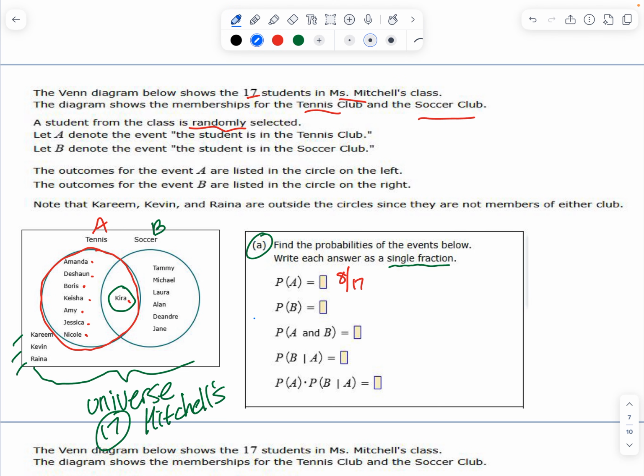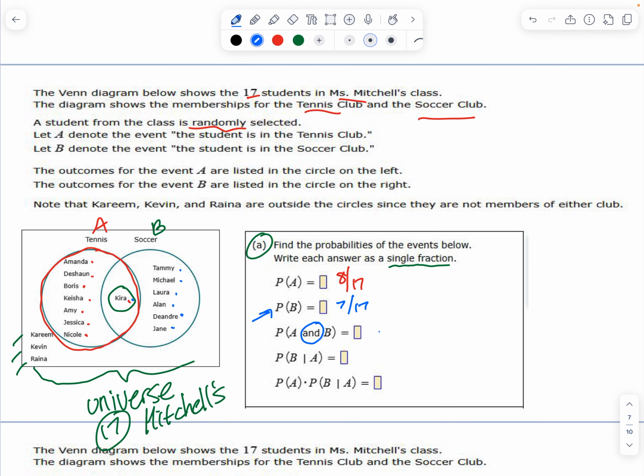Okay, find the probability that you would grab somebody, let's just say that plays soccer. So we have 1, 2, 3, 4, 5, 6, 7. 7 chances out of 17 humans that you would grab someone that played soccer in Mrs. Mitchell's class.